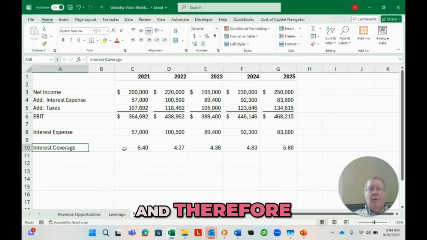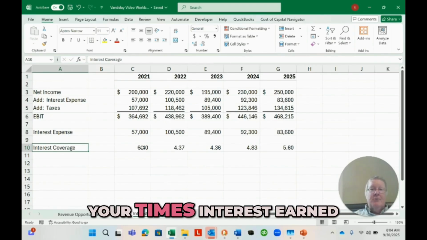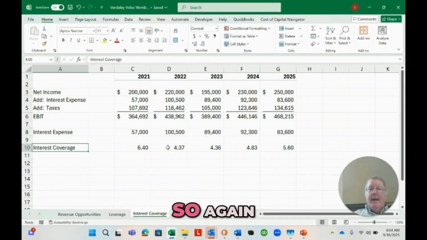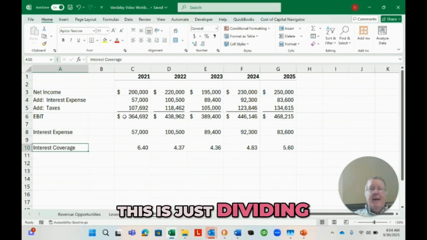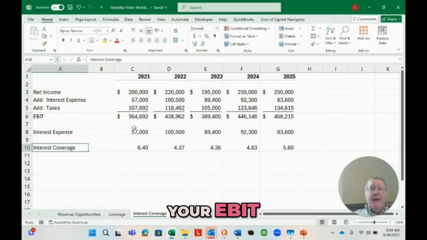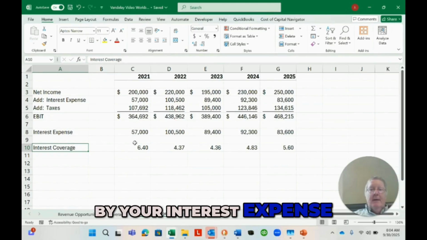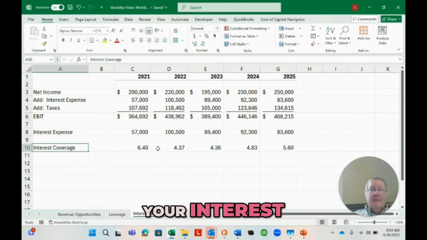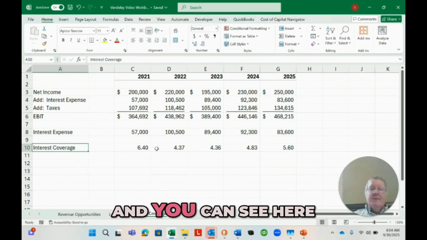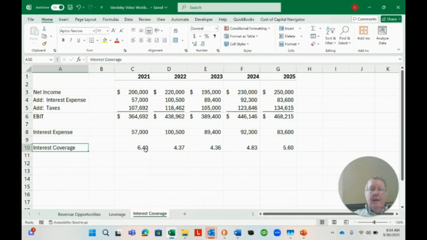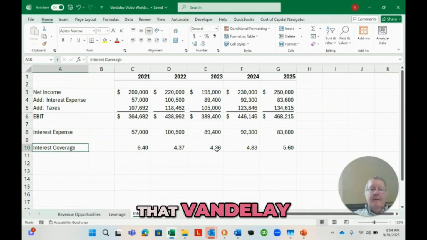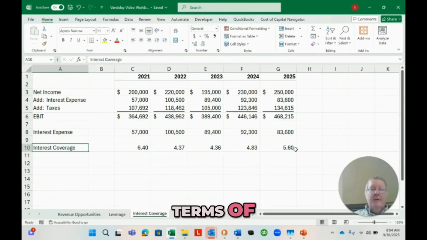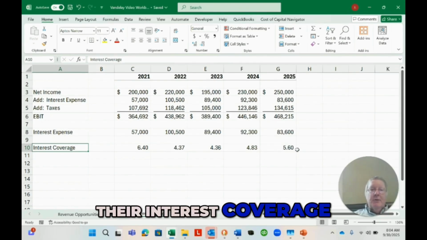And therefore, your interest coverage or your times interest earned would be a lot lower. So again, this is just dividing your EBIT by your interest expense, and that's going to give you how many times you could actually pay your interest. Okay? And you can see here that Vandelay is fairly healthy in terms of their interest coverage.